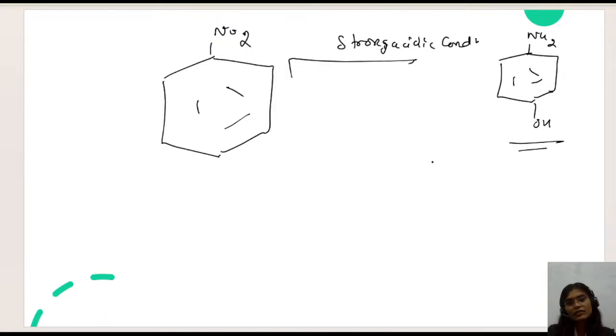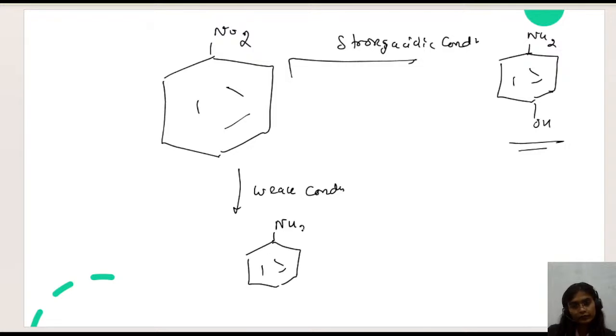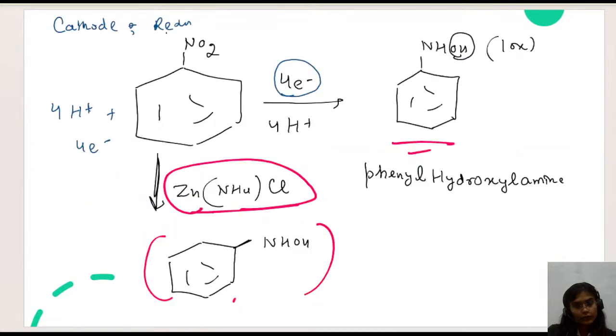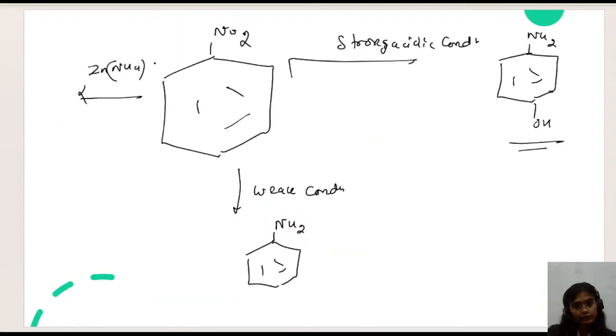So answer this: the name of this compound. And if you're using weak conditions, we are getting aniline. If you're using Zn, NH4Cl.